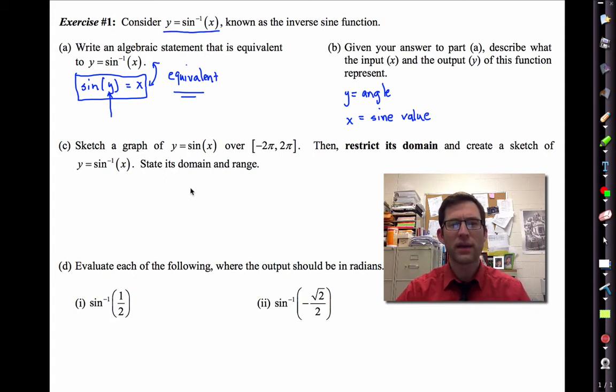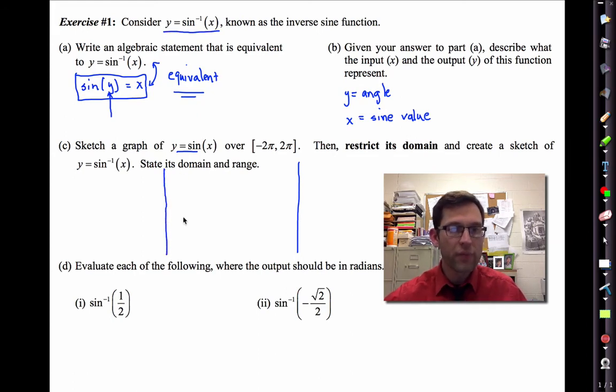The first thing I'd like you to do, using only about half of this space, is draw a graph of just the sine function over in this portion. Pause the video now and go ahead and do that, and then we'll pick it up from there. All right, let's take a look. Gotta draw it kind of small, but we can fit it in here.